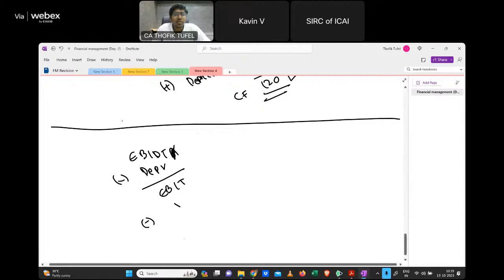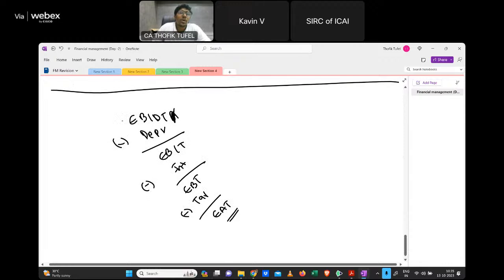Then you reduce interest to get earnings before taxes. Then you reduce taxes and you get earnings after taxes, which is PAT. When you have to calculate the cash flows, you have to add back the depreciation. Only then will you get the cash flows.